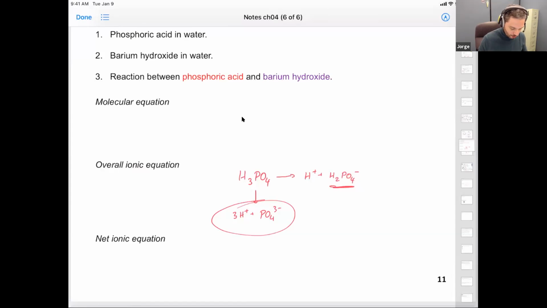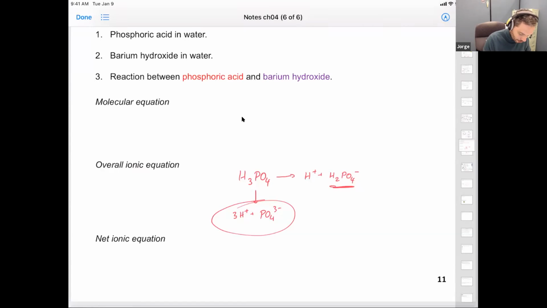Okay, so it may happen sometimes when you have more than one hydrogen atom in an acid structure. We didn't go over the strength of acids. So here we are going to consider that all acids are strong acids and they are going to lose all the hydrogens.